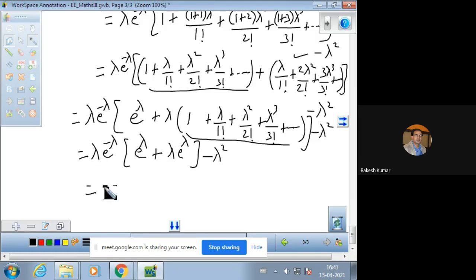Now multiply inside: this is lambda, plus this is lambda square, and minus lambda square. Lambda square is cancelled, so we are left with lambda. So this is the variance of the binomial, sorry, Poisson distribution. So in this way, we can calculate the variance of a Poisson distribution also.